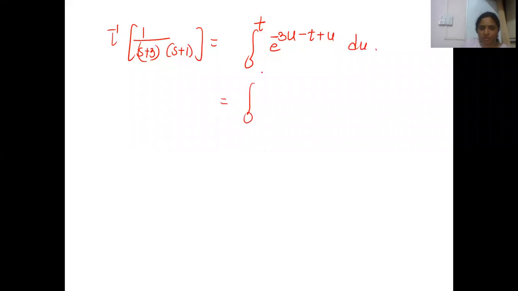It is the integration from 0 to t of e raised to how much? Minus 3u plus u, minus 2u. Right. So now you can integrate this.